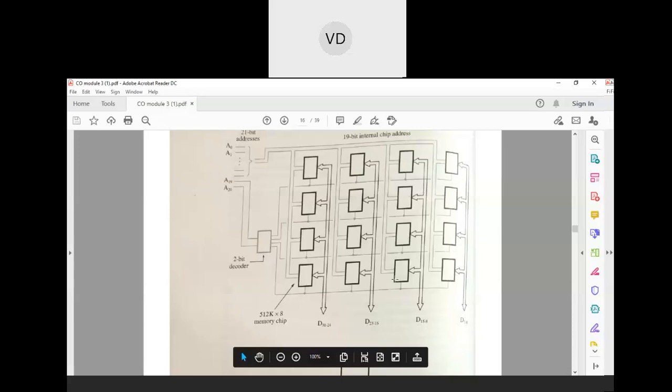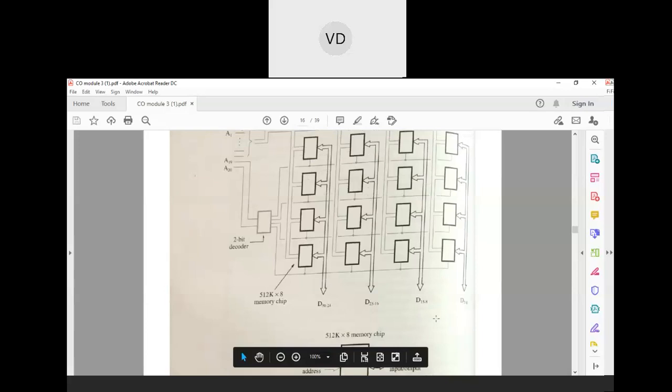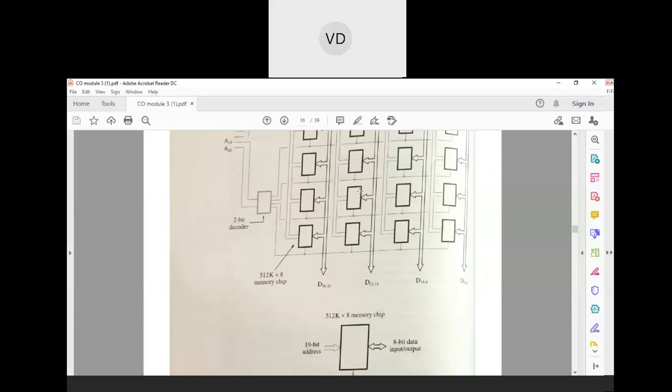Everything else is the same. The working procedure for static and dynamic is the same; only we are scaling up for larger memories.